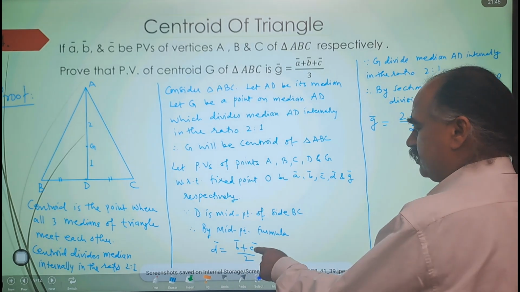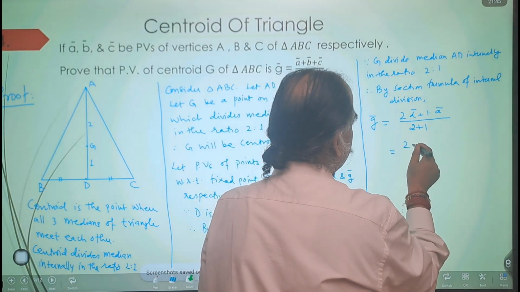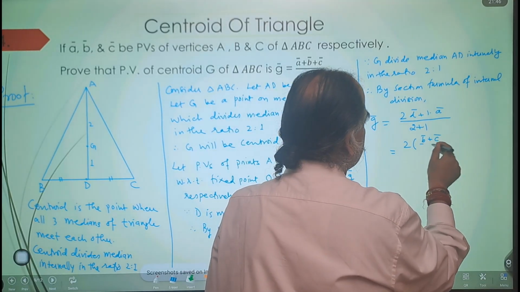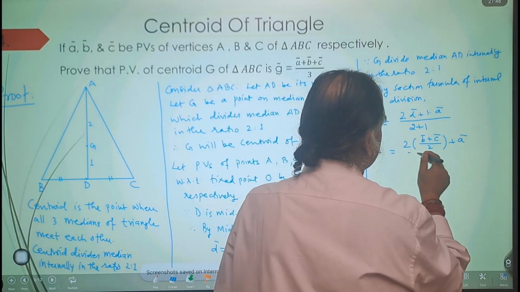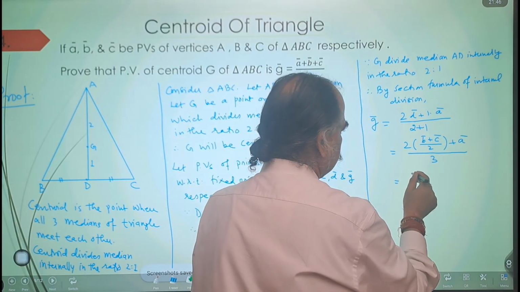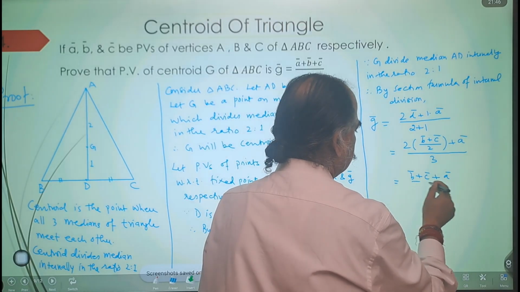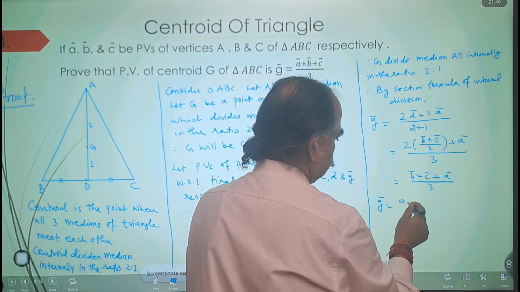And D bar we got B bar plus C bar upon 2. 2 into B bar plus C bar upon 2 plus A bar upon 3. 2 cancels. So B bar plus C bar plus A bar. So G bar is what?